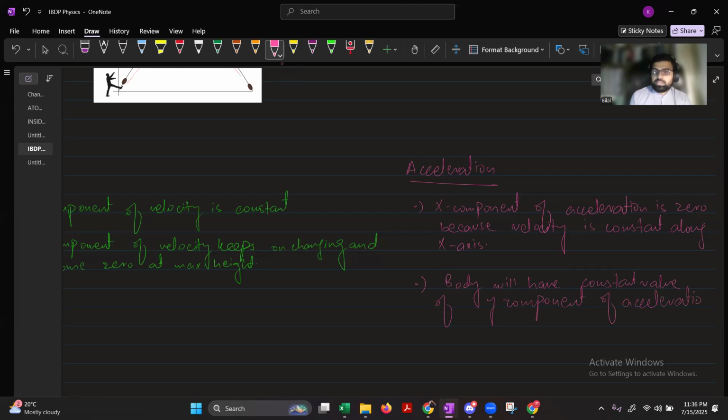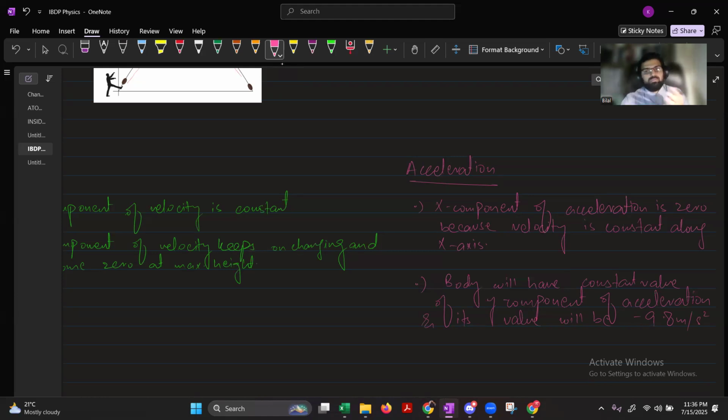And remember this thing, that its value will be minus 9.8 meter per second square. Again, why minus? Because it is pointing in a downward direction. Okay, and it's totally equal to the acceleration due to gravity.